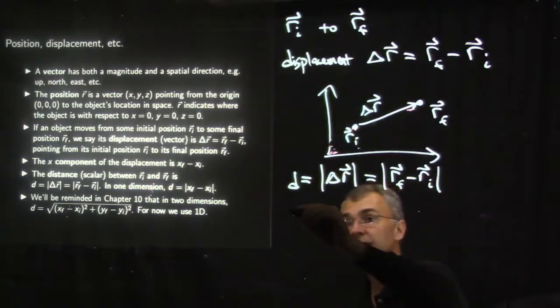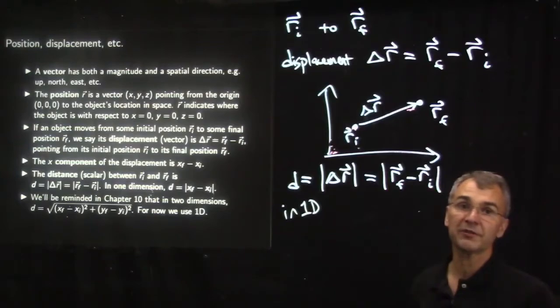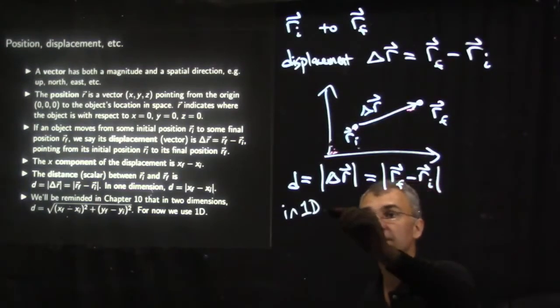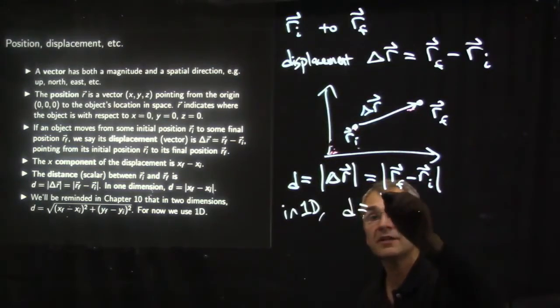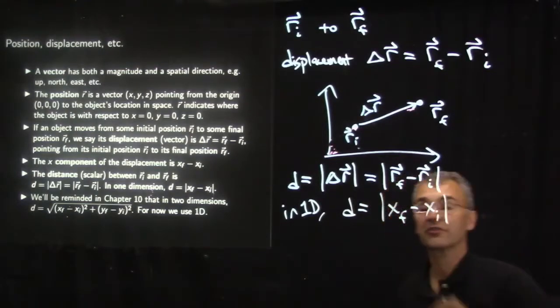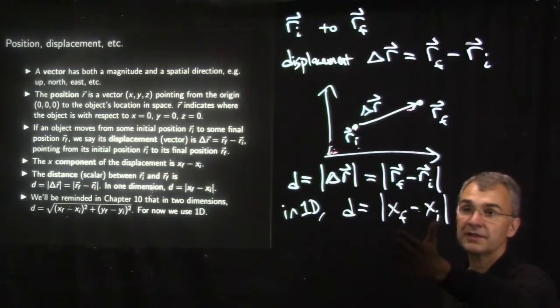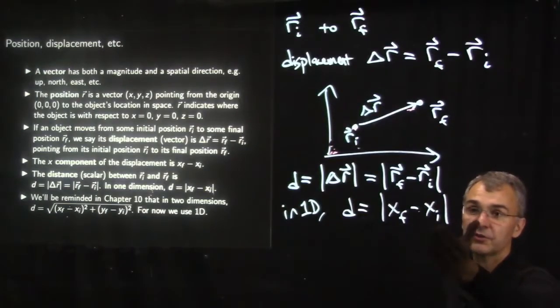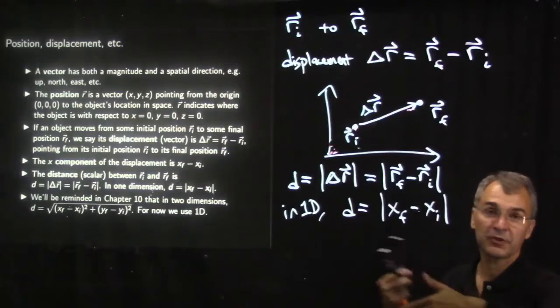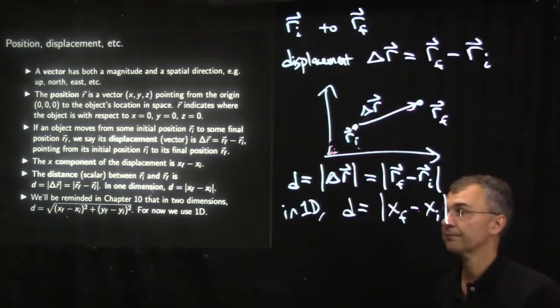In one-dimensional space, which we're going to be in for the first 9 chapters, this distance d is just the absolute value of x final minus x initial. So if I start at 33rd Street and I go to 36th Street, then the distance is just the absolute value of 36 minus 33, and we're measuring in blocks, so the distance is just 3 blocks.